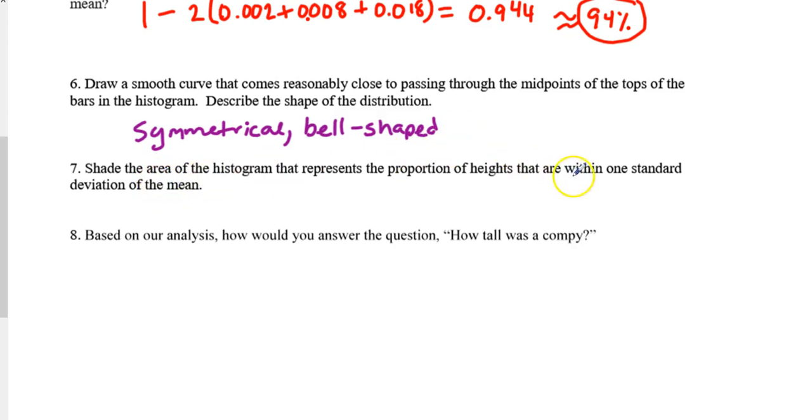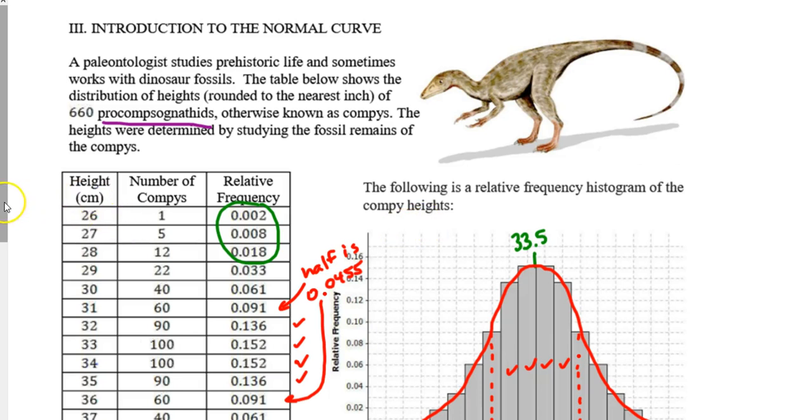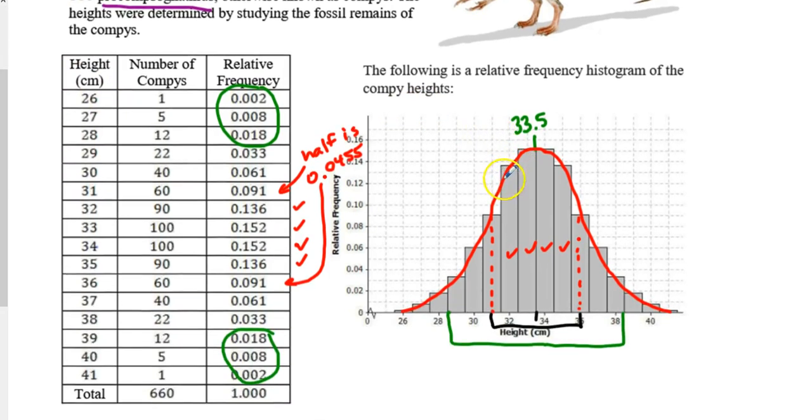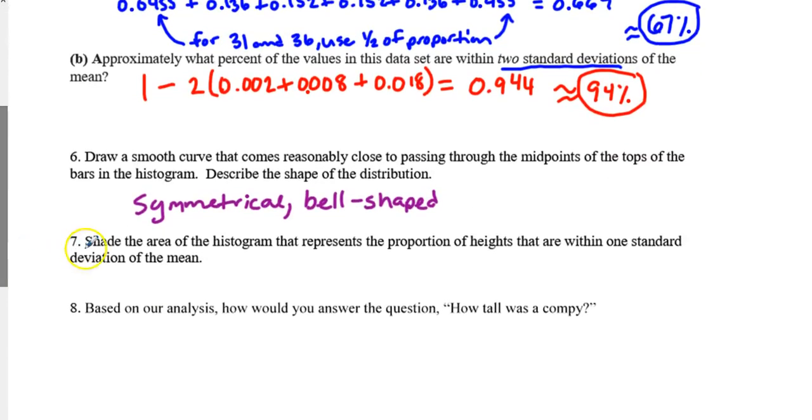Shade the area that represents 1 standard deviation. Okay. So if I were to do that, we've already kind of put our check mark. So let's just do a little shading here. And say, how would you answer, how tall was a compy?